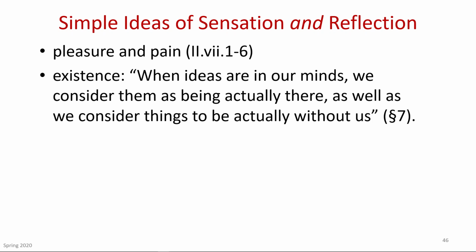So in other words, he's saying when we have these ideas, at the same time that we have them, we also immediately get this other idea that the thing that we're thinking of exists. That could be either the sugar cube that we see in front of us we consider to exist, or our own idea of whiteness. We consider that to be an idea in my mind. I consider that idea to be something and to exist. And so Locke's claim is that this is actually the origin of our idea of existence.